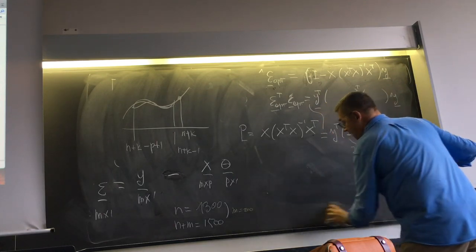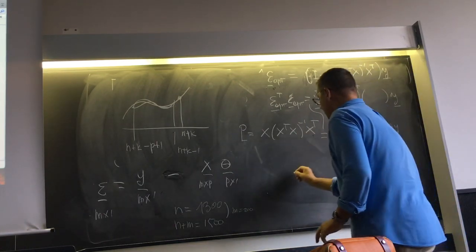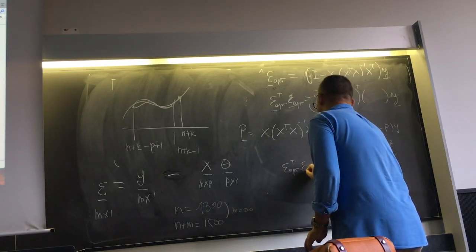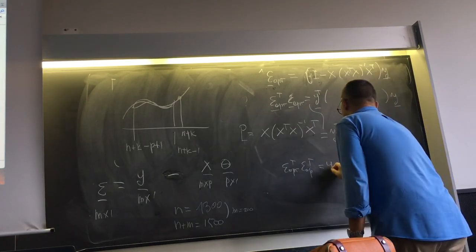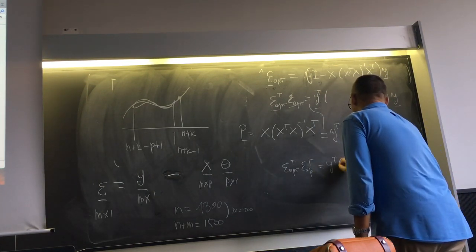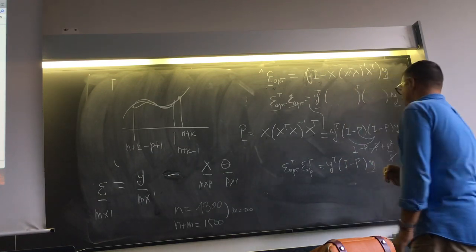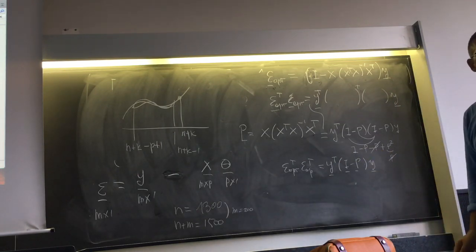So if I continue this way, the total error, which is what I want, that's optimum, transpose, that's optimum, is equal to y transpose, identity minus p, y. Then I implement this one because it's more compact.